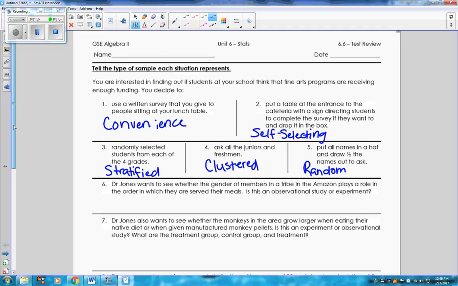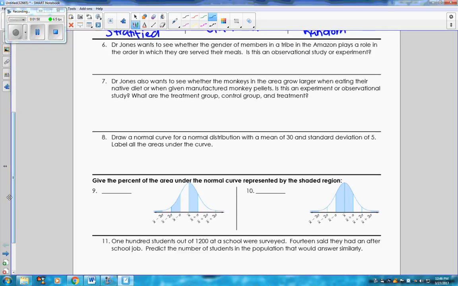Problem 6 says Dr. Jones wants to see whether the gender of members in the tribe of the Amazon plays a role in the order in which they are served their meals. Is this an observational study or an experiment? This is actually an observational study.